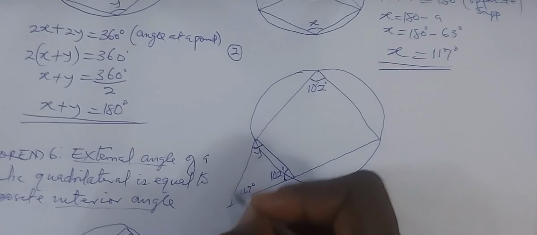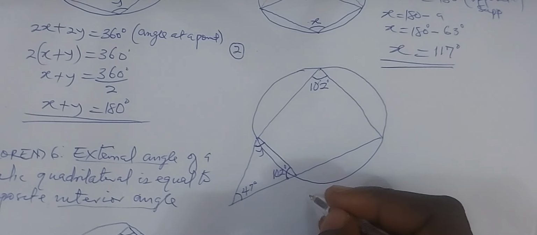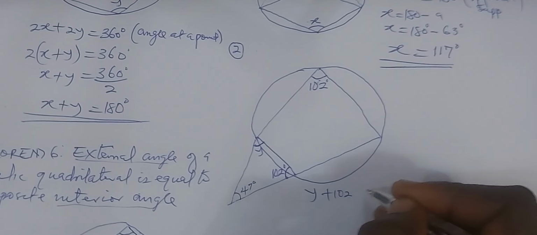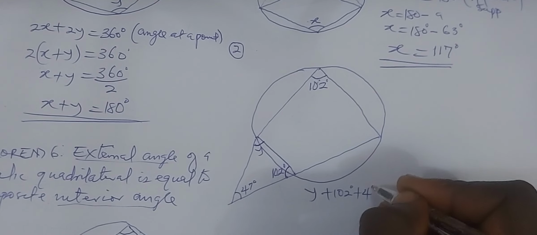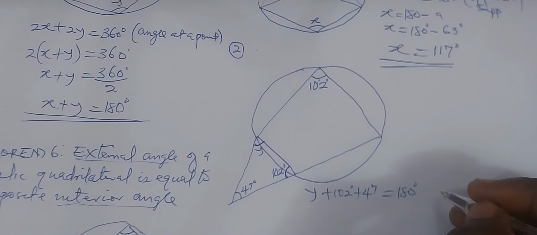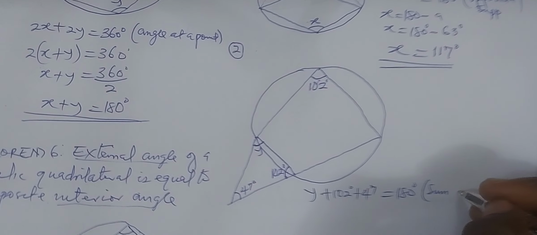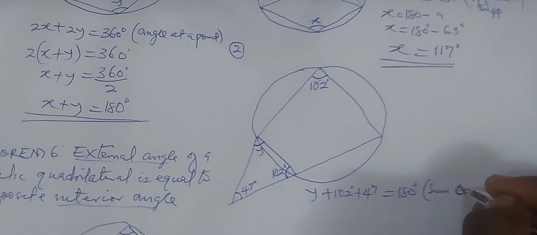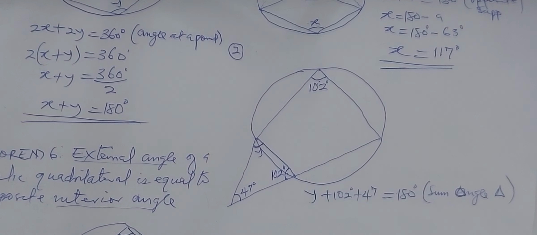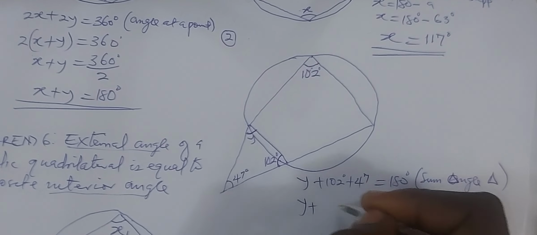And therefore, we can have a triangle attached to it. So what we do is to find y, which is y plus 102 degrees plus 47 degrees equals 180. What is your reason? Sum of angles in a triangle.